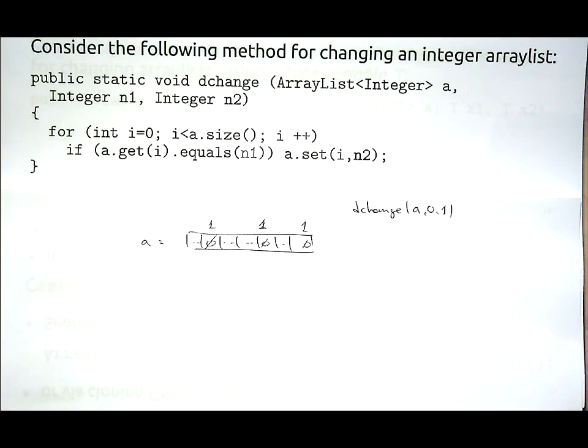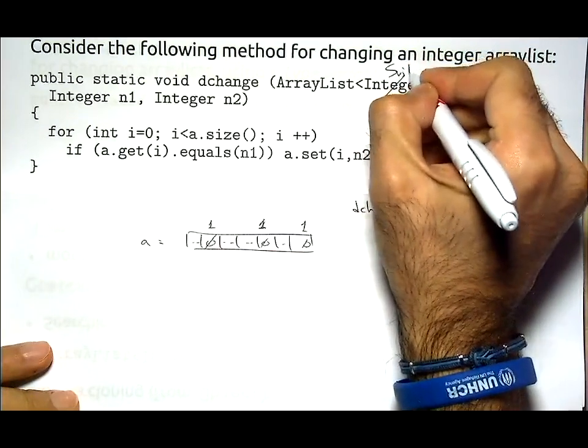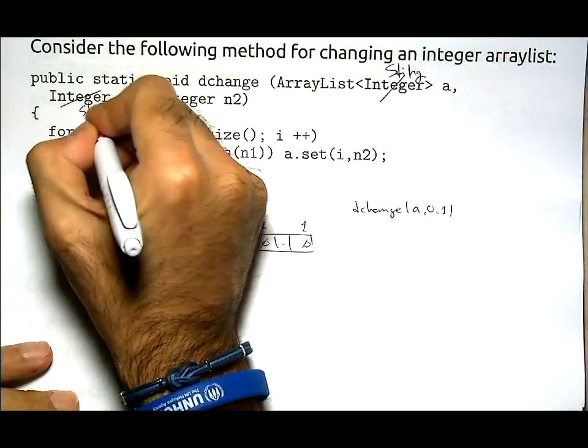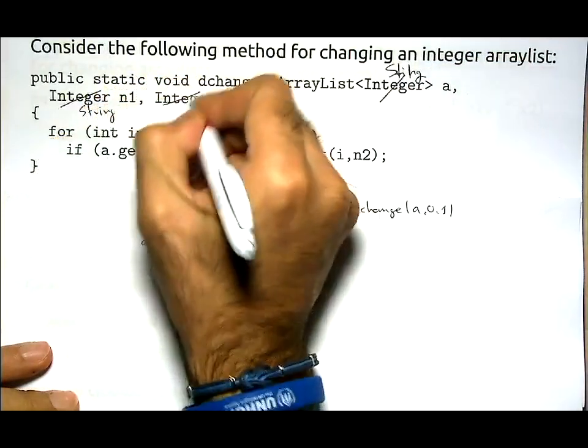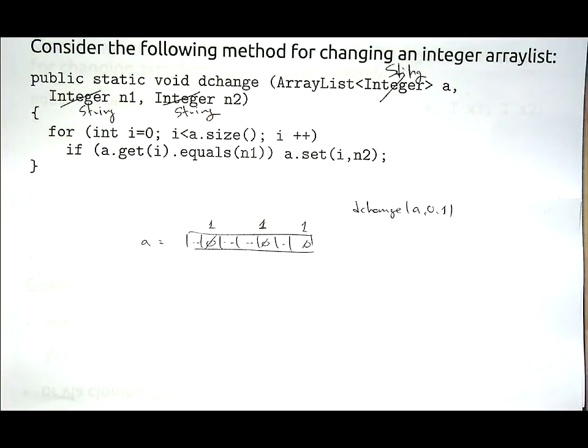So how can you do that? Well, you will need to write a method that has a for loop that goes through all the elements of the array list, and whenever it sees the first string, replaces it with the second one. So if I go here and change this to String, then this method will work on an array list of strings, exactly the same, apart from changing the types.